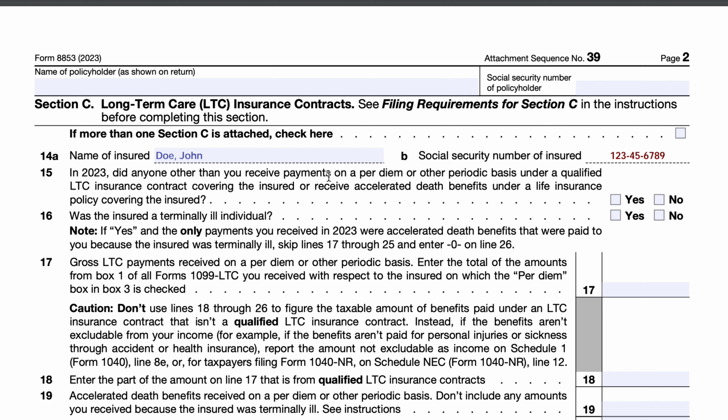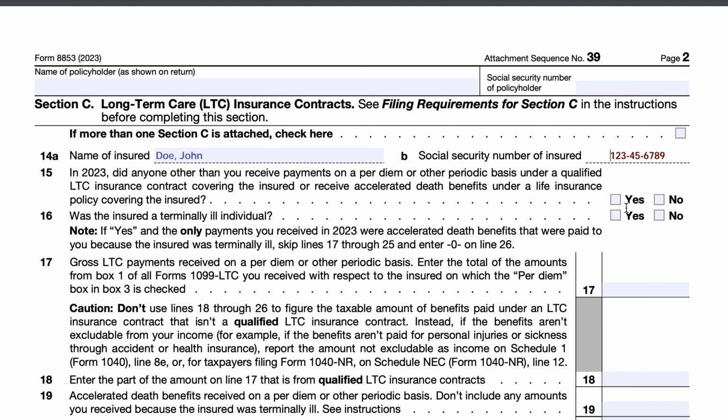In the tax year, did anyone other than you receive payments on a per diem or other periodic basis under a life insurance contract covering the insured, or receive accelerated death benefits?